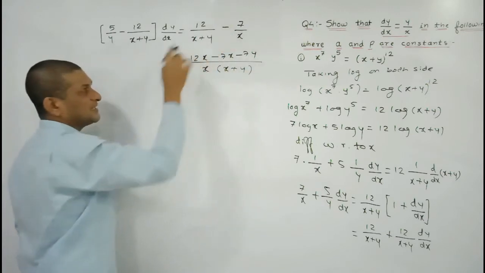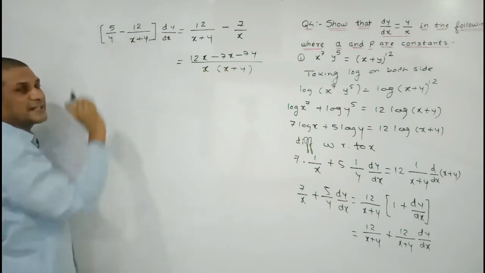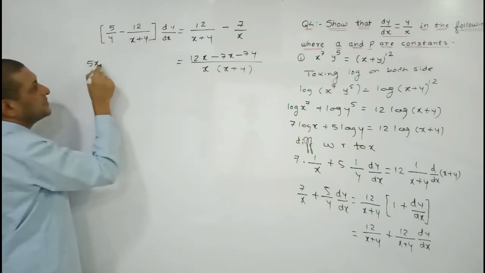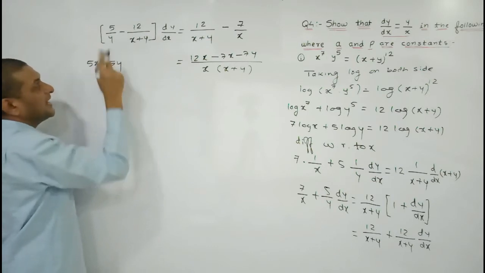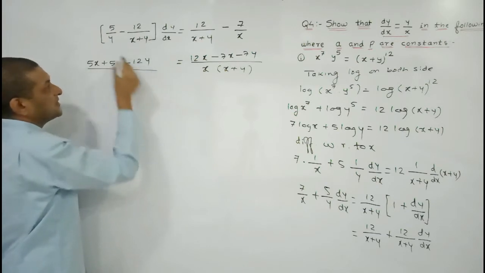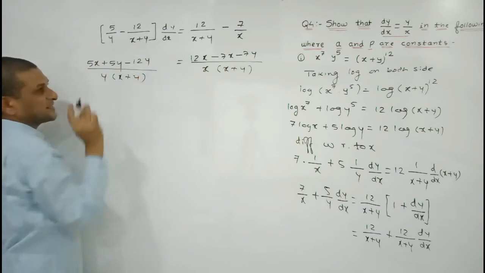Just simply we have taken cross multiplication. On this side also, if we take cross multiplication, let us see what we will get. x plus y into 5 will be equal to 5x plus 5y and y into minus 12 will be equal to minus 12y. Let's see, what will we get in the denominator? y into x plus y, isn't it?